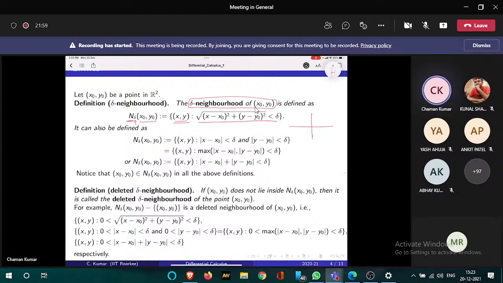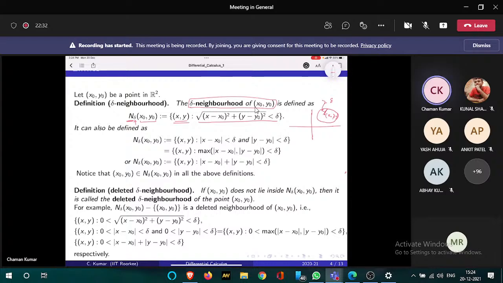So you have some point x naught, y naught, and you want to create a delta neighborhood around this point. You create a circle whose center is at the point x naught, y naught, and the radius of this circle is delta.